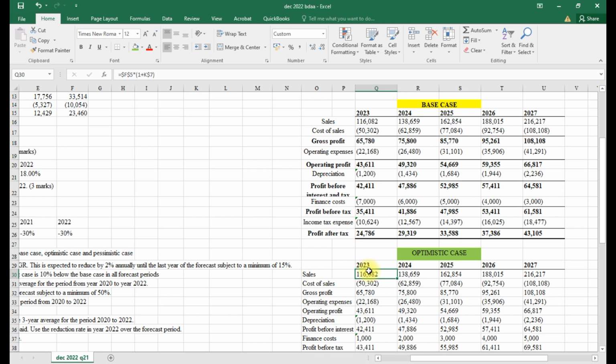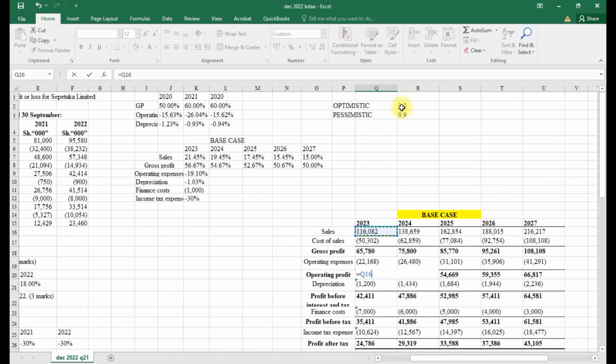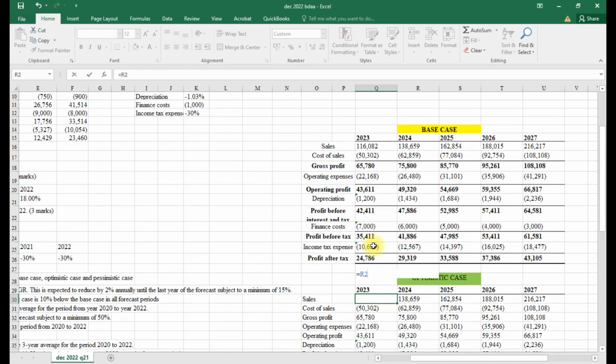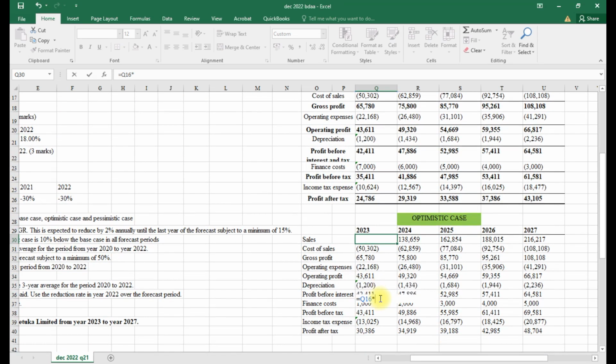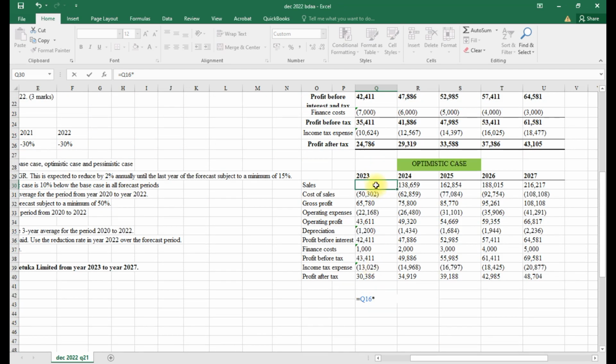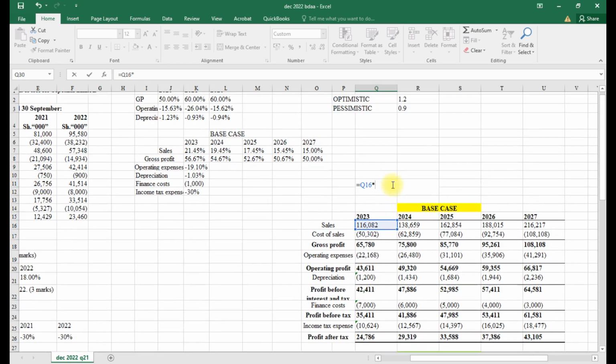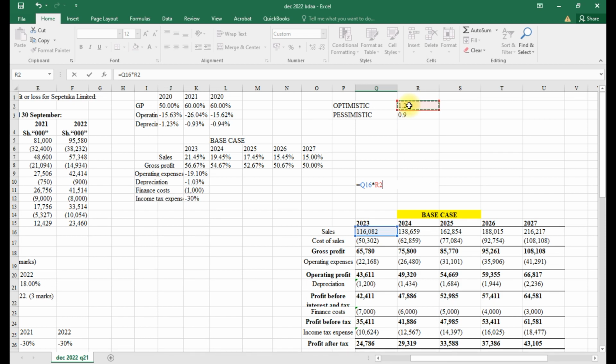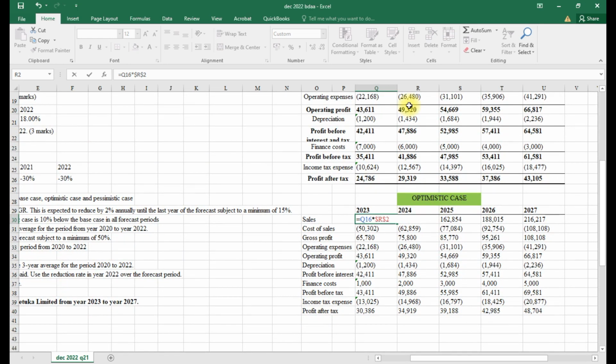so we shall put equals to this, and I will increase it by 20 percent, by 1.2, and 1.2 I will lock it. Multiply it by 1.2, so 1.2 you can fully lock that value by F4, and I will enter.